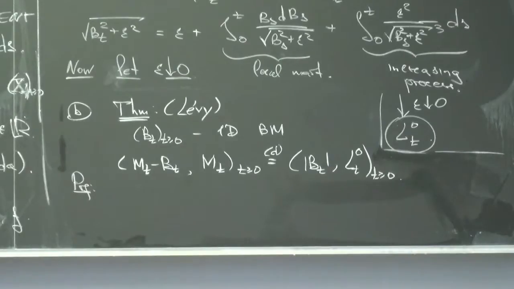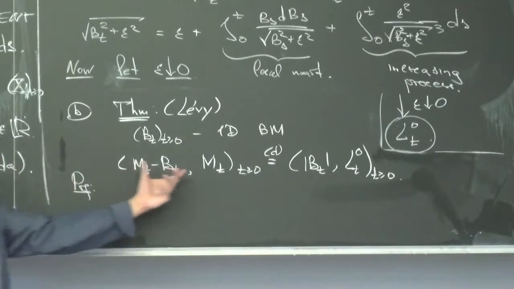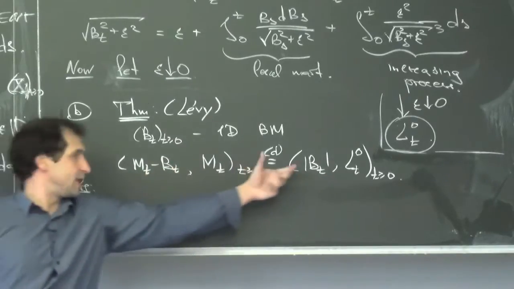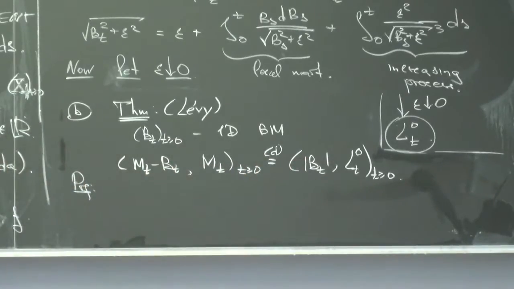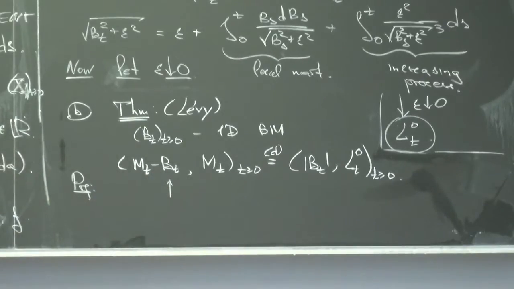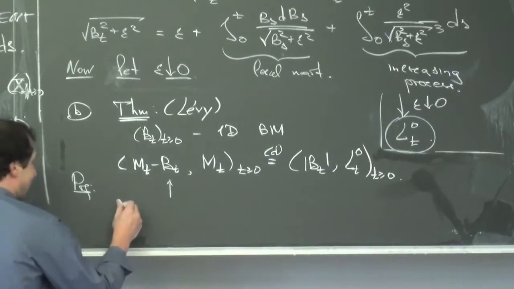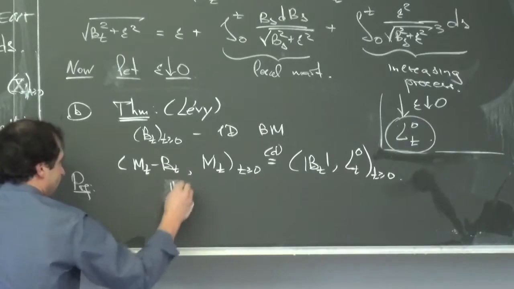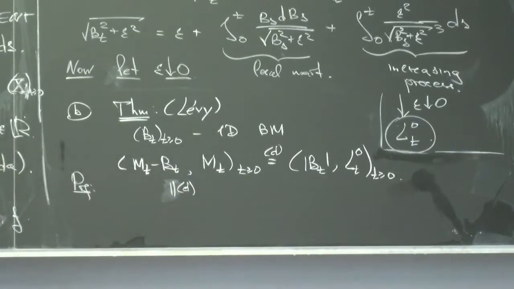How to see it? Instead of thinking about the same Brownian motion, I mean, what we need is that two distributions are equal. Just think about beta instead of B in the left-hand side. So just think about something distributed in the same way as, what?